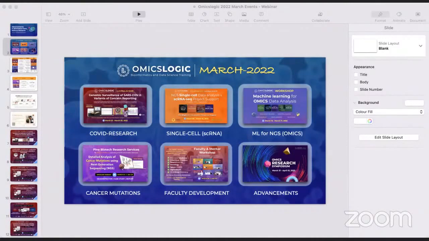That would be followed by machine learning for omics data analysis, which starts the next week, March 15th, Tuesday to Thursday, March 17th, where we will be going through how machine learning is applied in these different studies and applications, where we are using high dimensional data to analyze and get insights.